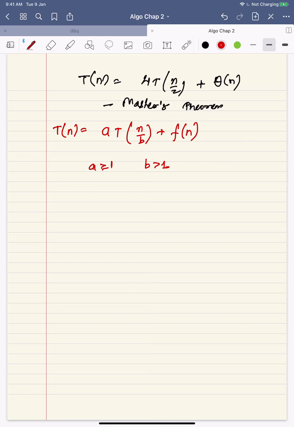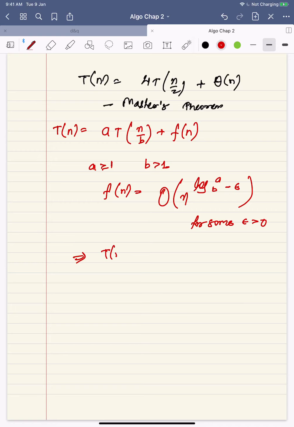And if we can see that f(n) is order of n^{log_b a - epsilon} for some epsilon greater than 0, okay, if you can ensure that, then you can write T(n) as theta of n^{log_b a}.